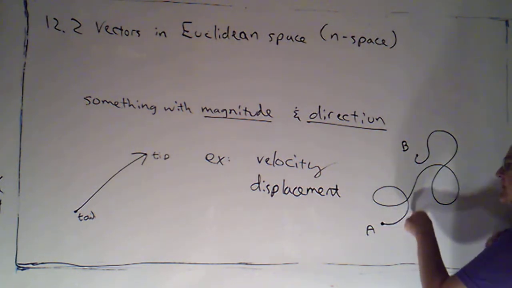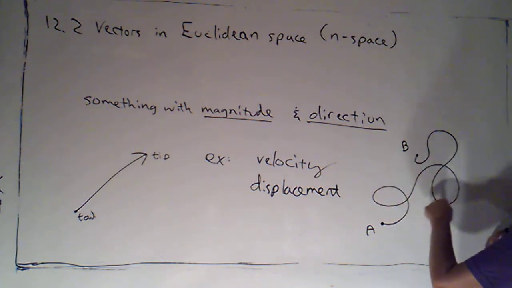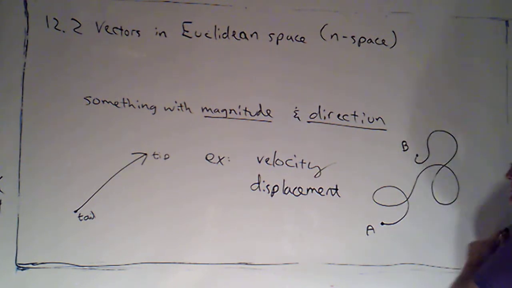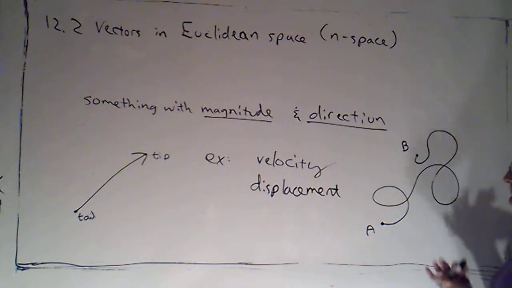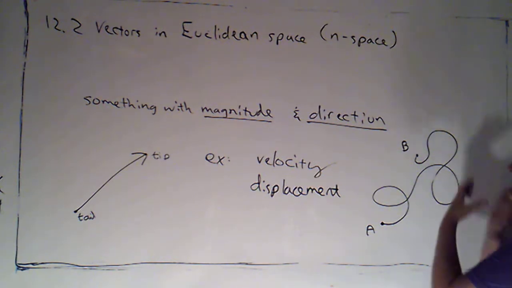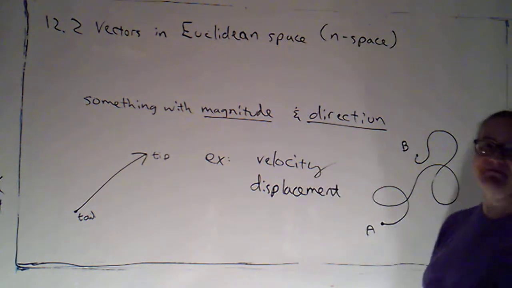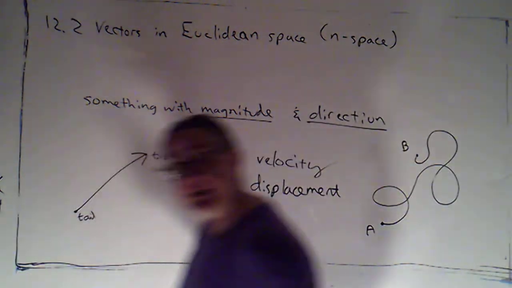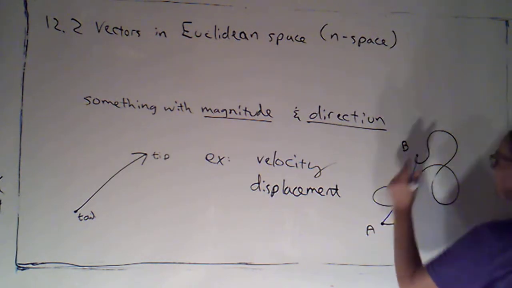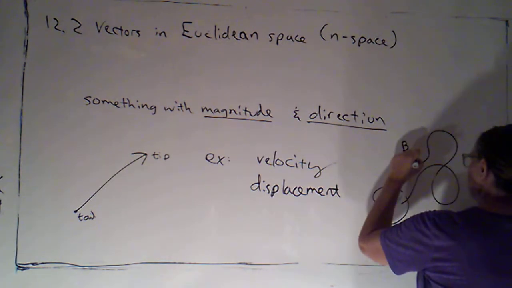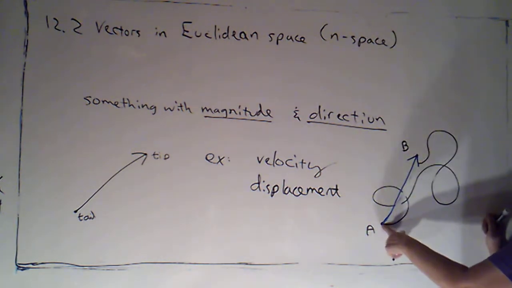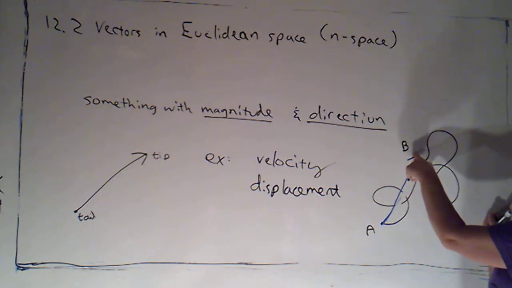If I were to calculate the length of this path, which is something we'll learn how to do, that would give me the distance that I traveled if I took that path to get from point A to point B. That's also not the same as displacement. What displacement would be is just the vector that points from, whoops, let's try and draw that as a straight arrow, the vector that points from my starting point to my ending point.